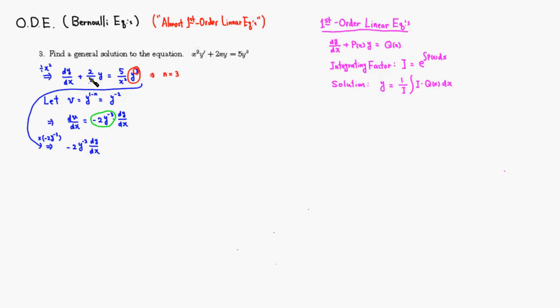Then you have negative 2 times positive 2, so it's going to be negative 4 over x, then y to the negative 3 times y is going to give you y to the negative 2. Then this is equal to negative 2 times 5 over x squared, which would be negative 10 over x squared. Then y to the negative 3 and the y cubed cancel out, so you just get that.